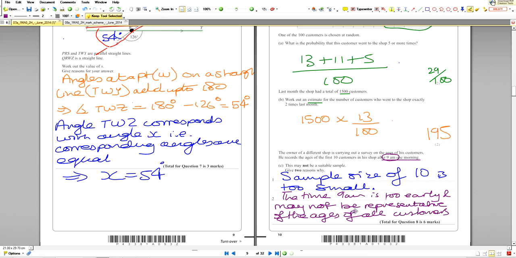And that will give you 2 marks. So we've got to describe why the time isn't suitable. You attract a particular age of person at that time, early in the morning, and why the sample size is too small. So that's for the 2 marks.